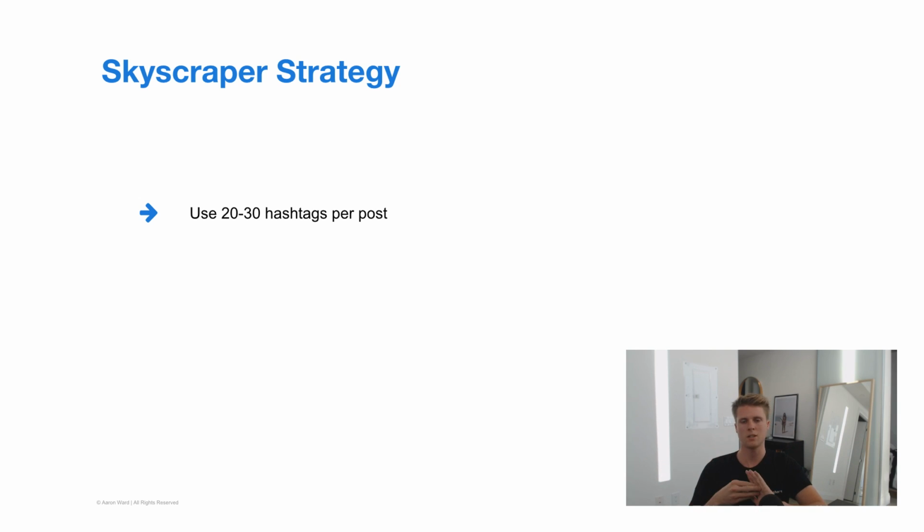Then someone on Instagram types in on their search bar, I want to look at pictures of dogs, so they type in hashtag dog. Then they will have the opportunity to see your picture because you have used the hashtag dog, which therefore means you are gaining more exposure on Instagram, and that will lead to more followers, more likes, and more comments. So definitely worth doing.